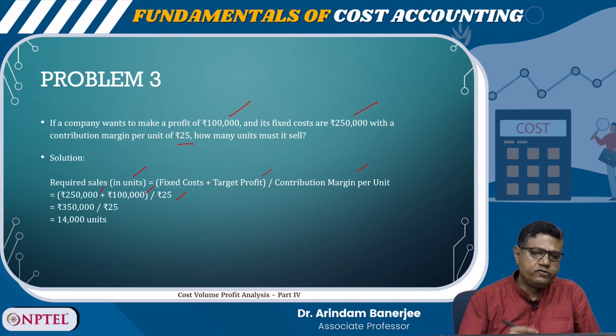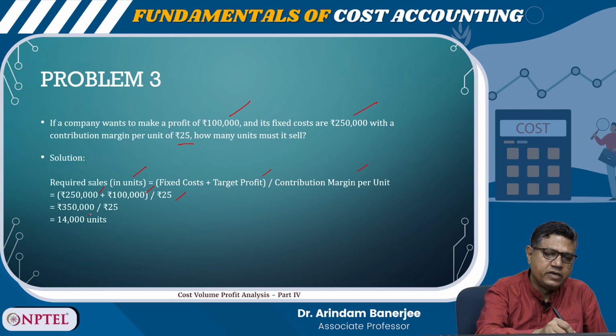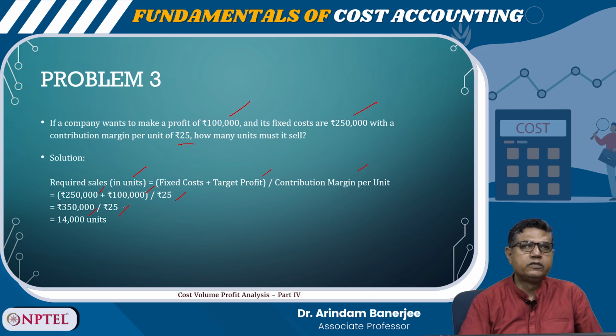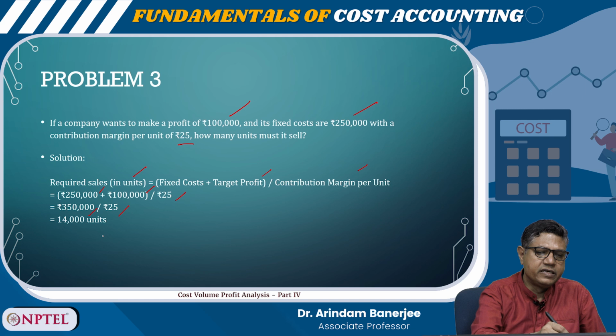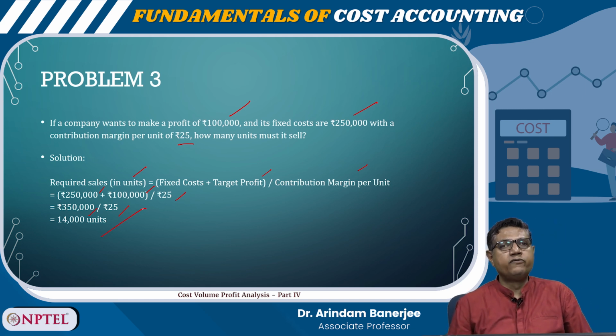If I solve, 2,50,000 plus 1 lakh is 3,50,000 divided by rupees 25. So, the number of units to be produced is 14,000 units. Okay. So, this was problem number 3.